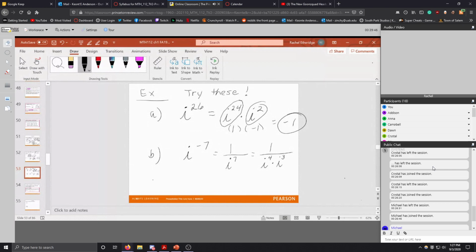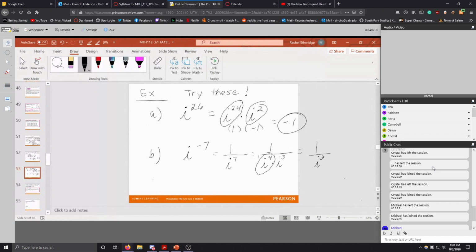I want to show you how easy this one would be to rationalize if I leave that i to the 3rd. I broke it down into i squared times i a while ago, but I want to leave it i to the 3rd right now. Let me just see if y'all understand this. So i to the 4th is 1, right? So that just leaves i to the 3rd.